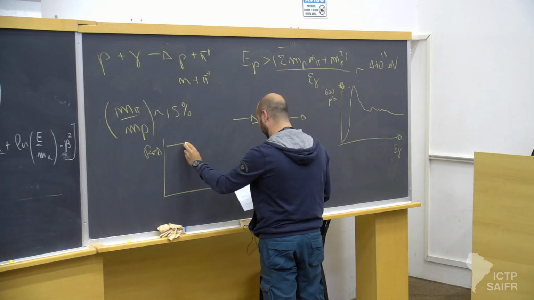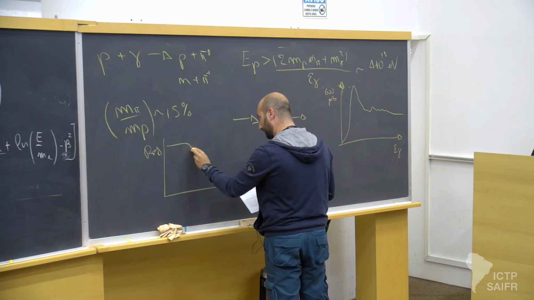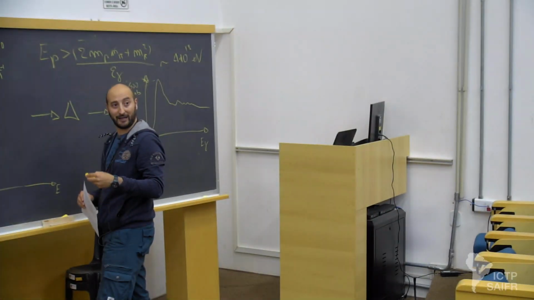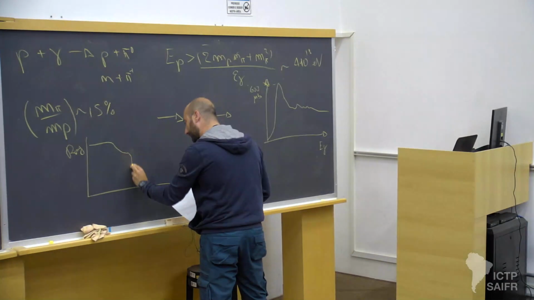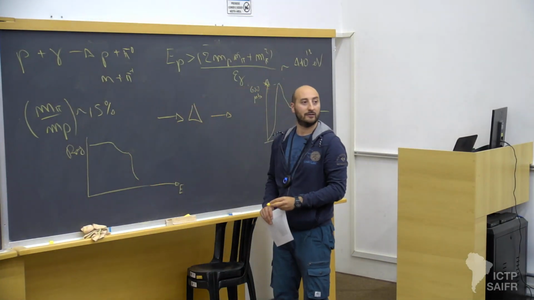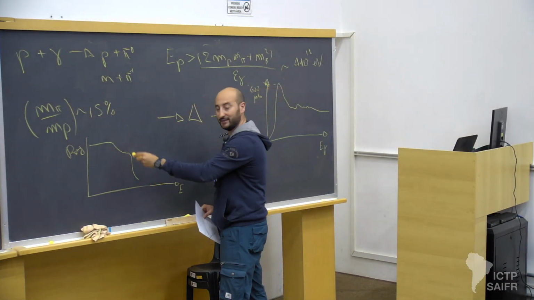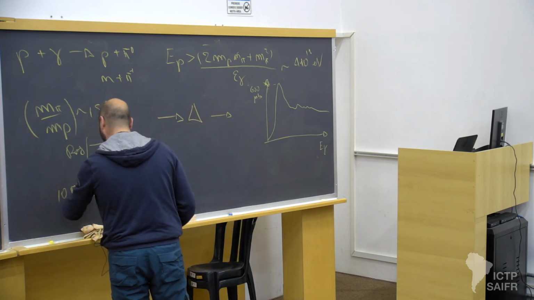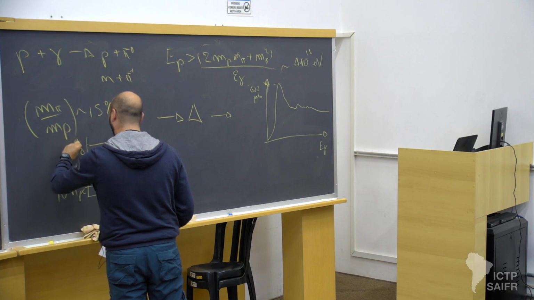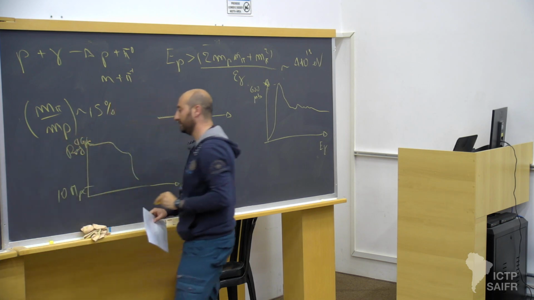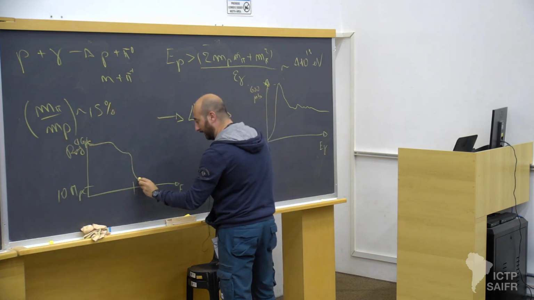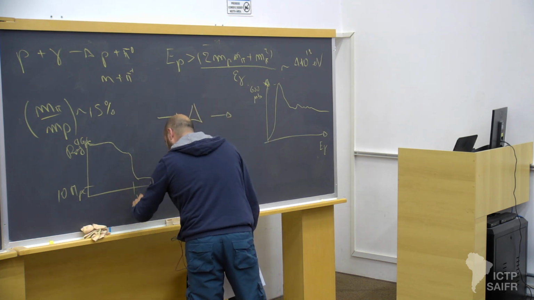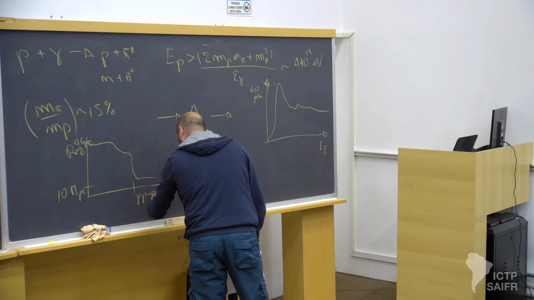Then there is a small drop because of the pair production, the Bethe-Heitler process, and then this drops dramatically from gigaparsec distances to maybe 10 megaparsec, and this is, I don't know, 4 gigaparsec, once you are above the threshold for gamma p into pion p.